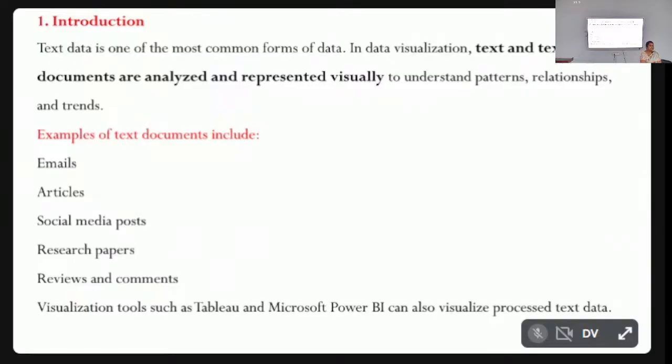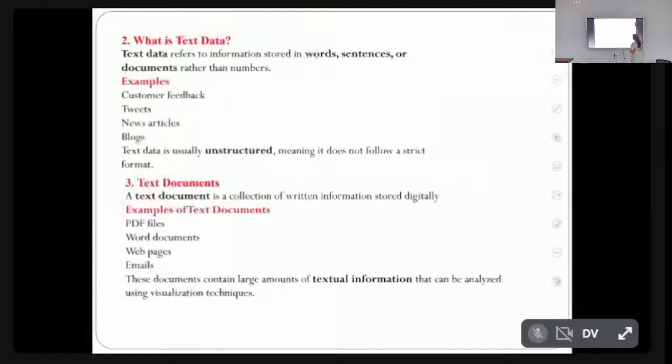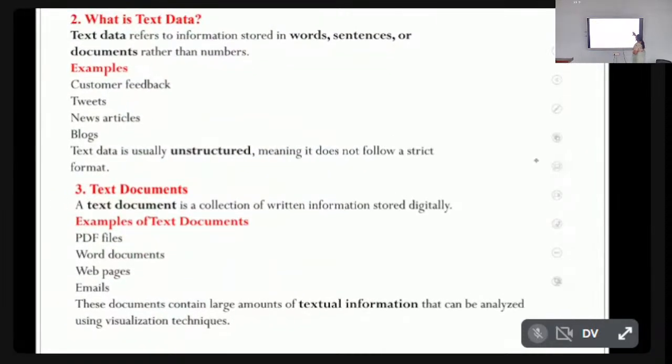Write down the different visualization tools such as Tableau and Power BI can also visualize the processed data.